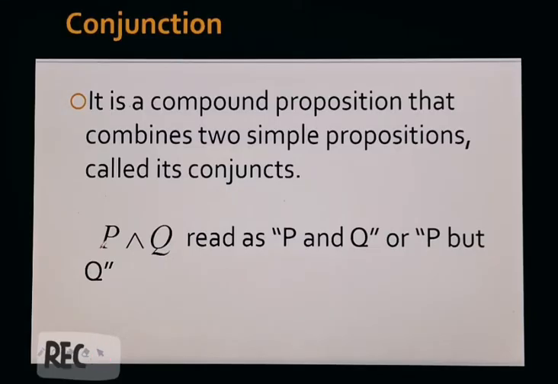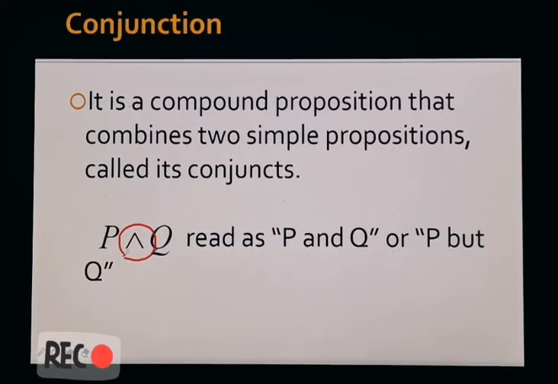When we say conjunction, it is a compound proposition that combines two simple propositions called its conjuncts. In the statement P conjuncts Q, the symbol for conjunction is this one.